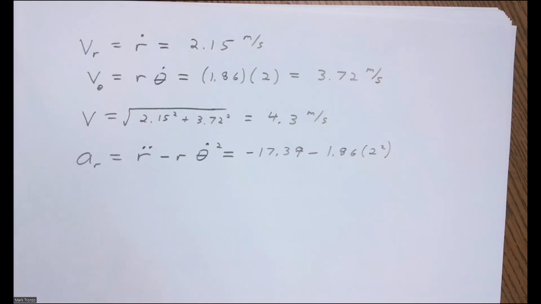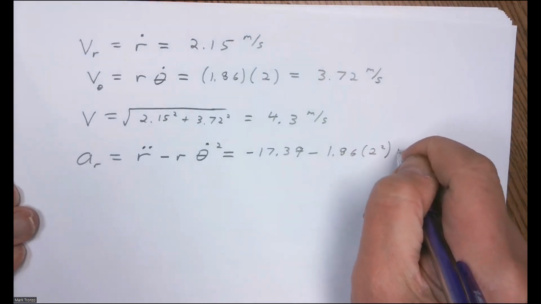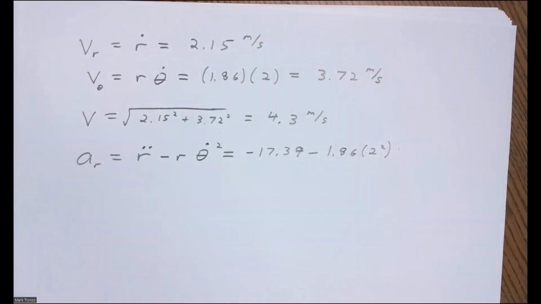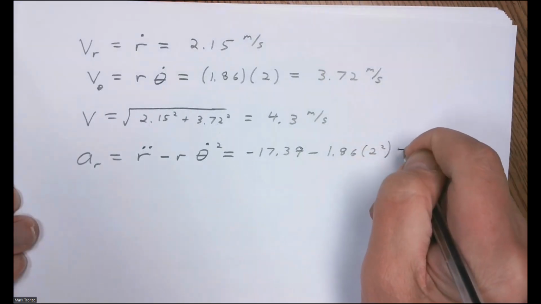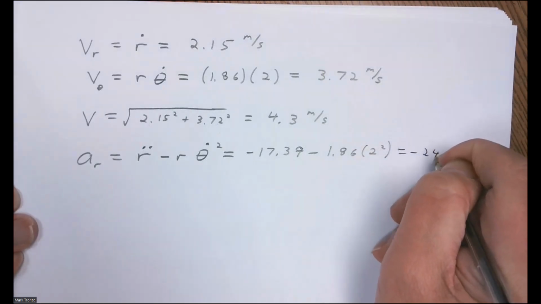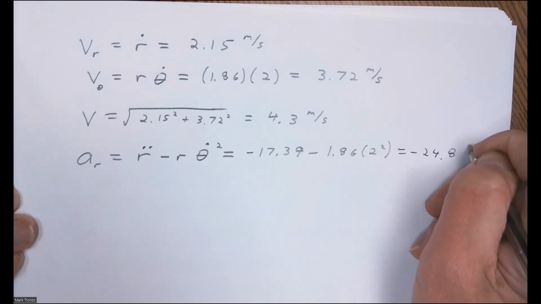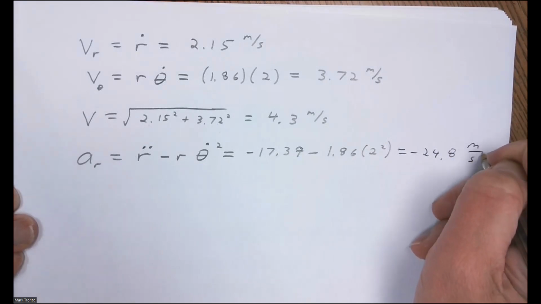And let me put that in my calculator. If I did that correctly, it comes out to be minus 24.8 meters per second squared.